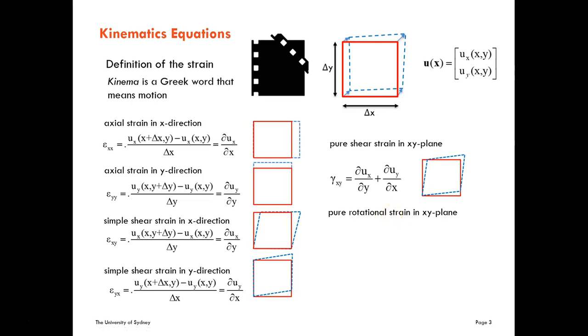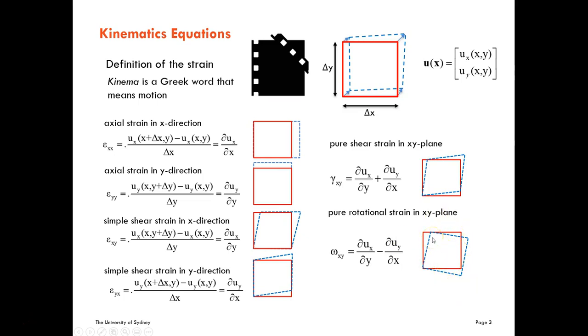So also we can define the pure rotational strain in the xy plane. That is the linear combination of this one minus this one. If I subtract this deformation from these deformations, I get the rotational strain that corresponds to this kind of deformation.